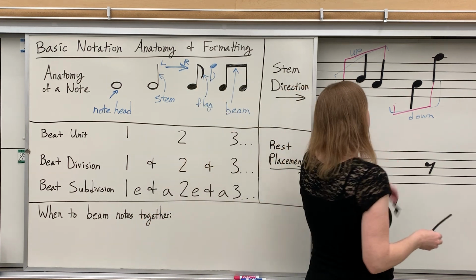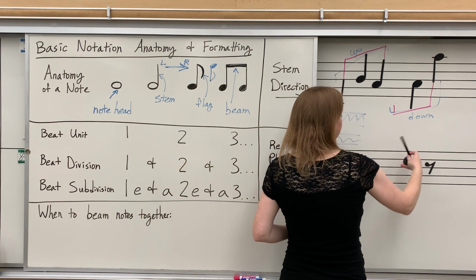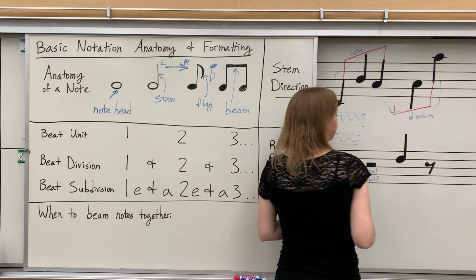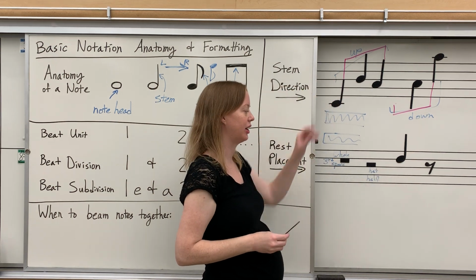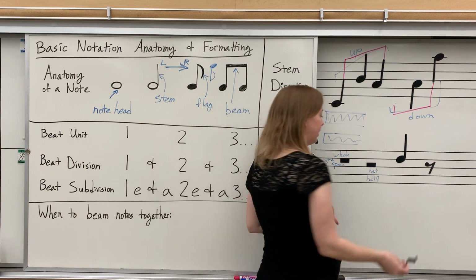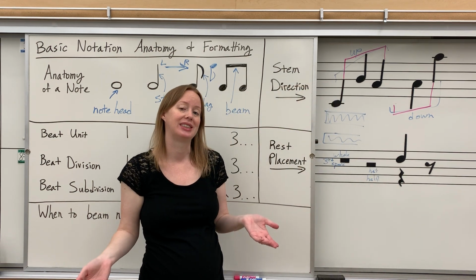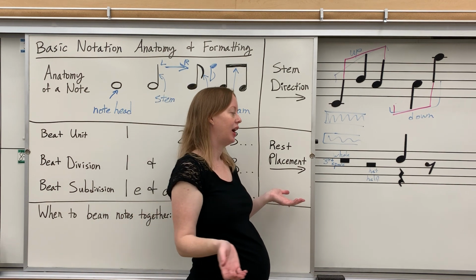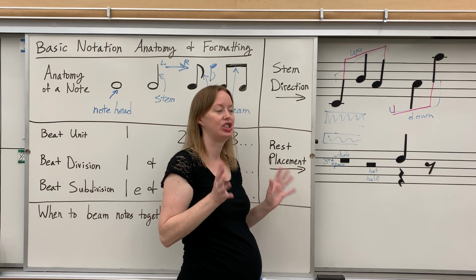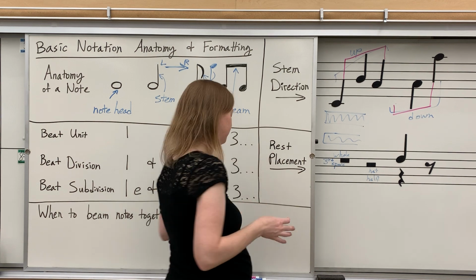So I can put my note here in the soprano range, because stems up for sopranos, it's going to be a little bit backwards than what I just taught you here. And my altos are going to be reading this rest underneath it, in which case the rest would not be placed in the center of the staff. So just know that that sharing does change the rules.